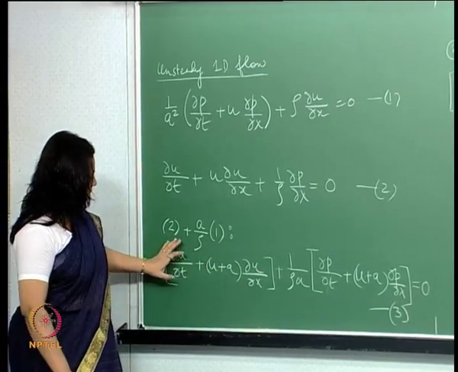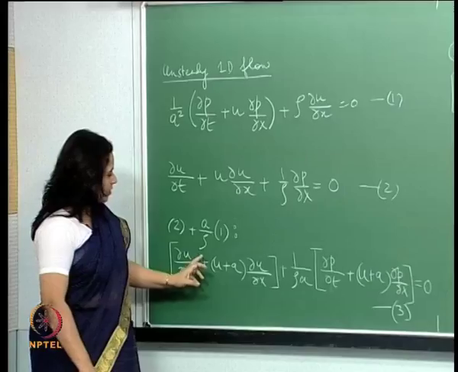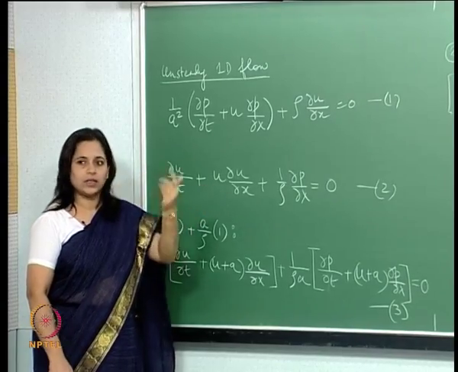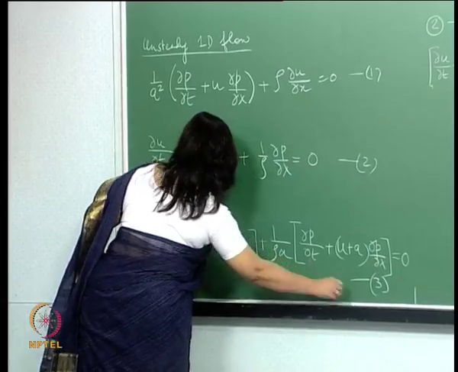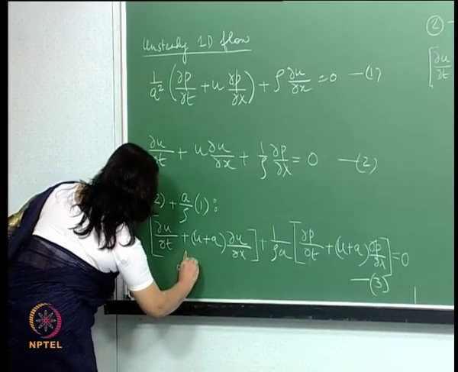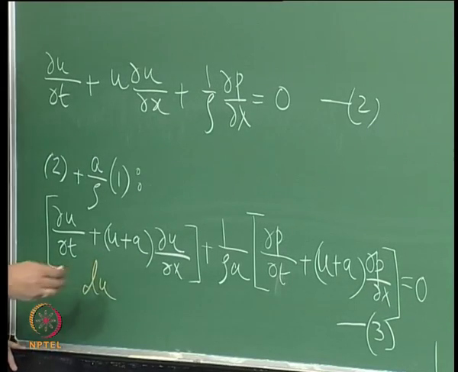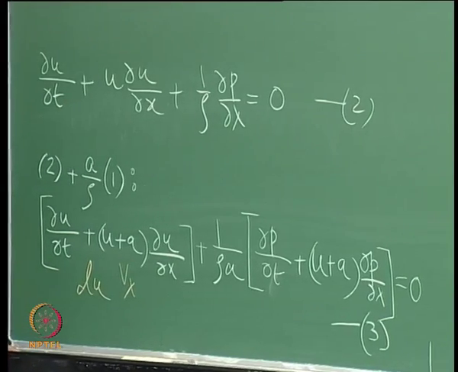So this is happening because of the change at each location over time, and this is because of the movement of the particle from one place to the other. Therefore that is the convective term. So this term I can actually write as du, when of course the velocity with which it is moving, let's call that Vx, is u plus a.